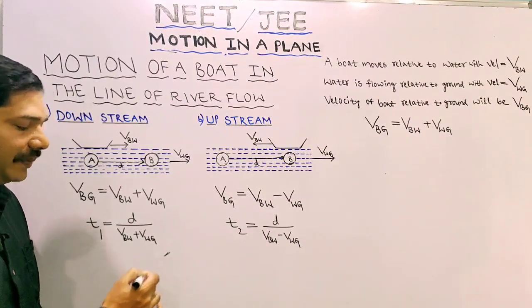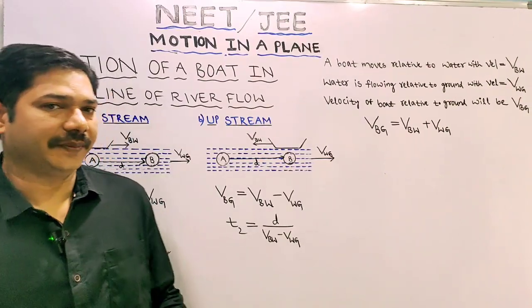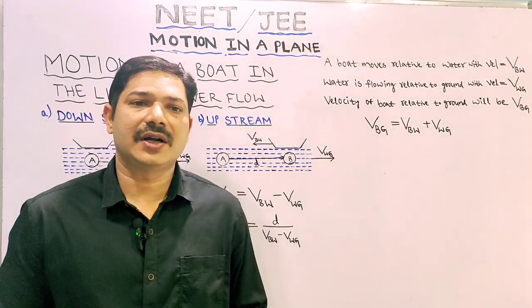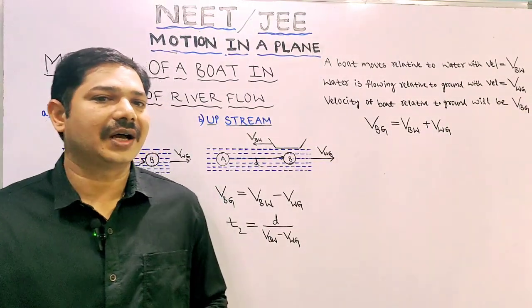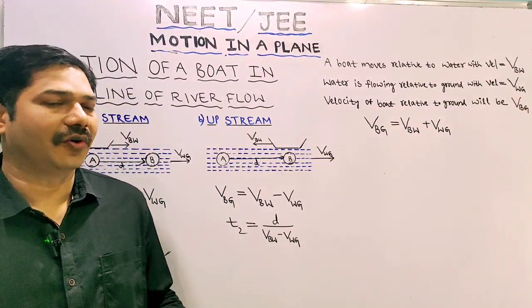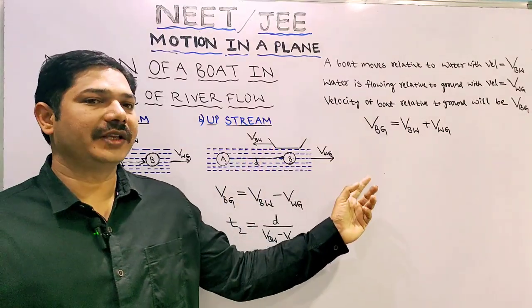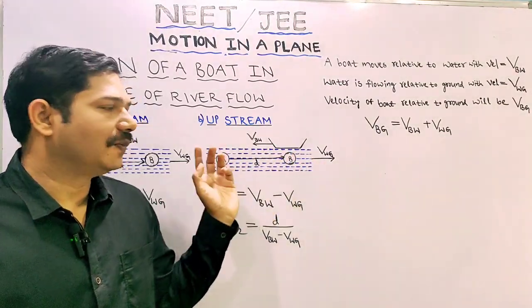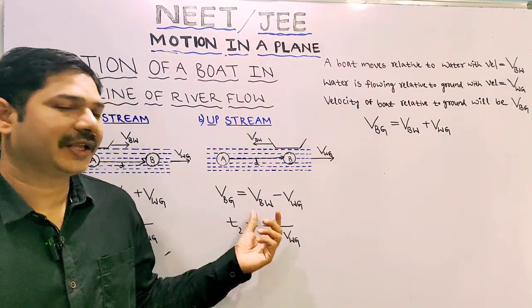In upstream, the motion of the boat is against the water flow. The water flow is rightwards and the boat motion is leftwards, against it.